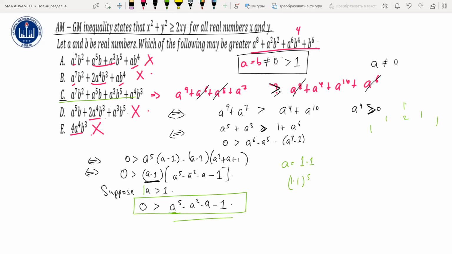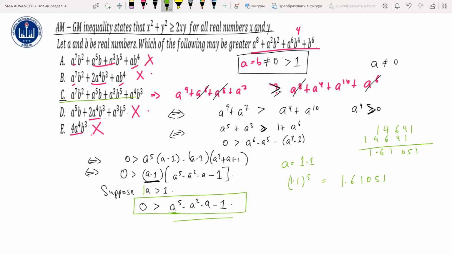So to find 1.1 raised to power 5, we just do something like this: 14641, 161. The decimal point has to be here. So 1.1 raised to power 4 is this, and 1.1 raised to power 5 is this. So this is less than 2.